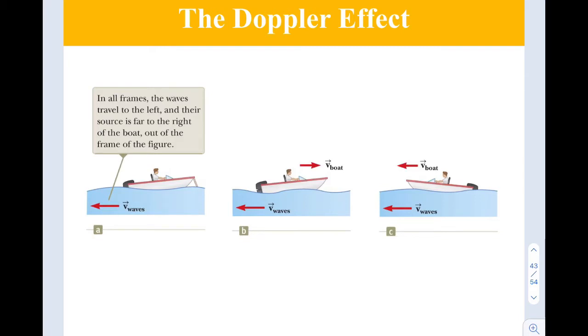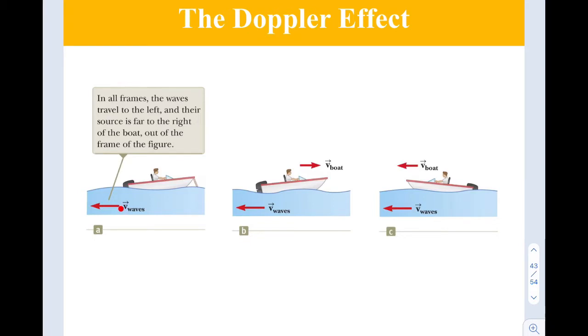Let's imagine you are in a boat that is lying at anchor on a gentle sea where waves have a period of 3 seconds. Hence, every 3 seconds a crest hits your boat. Figure 16.23a shows this situation, with the water wave moving towards the left.